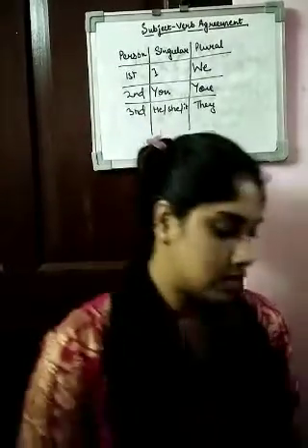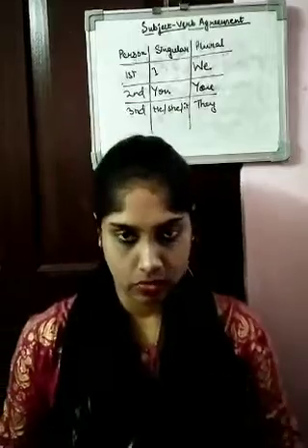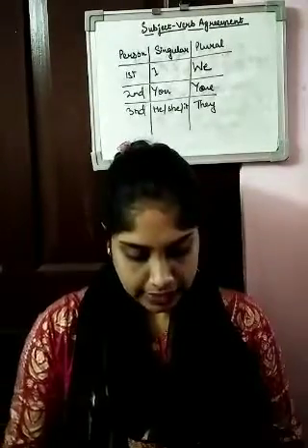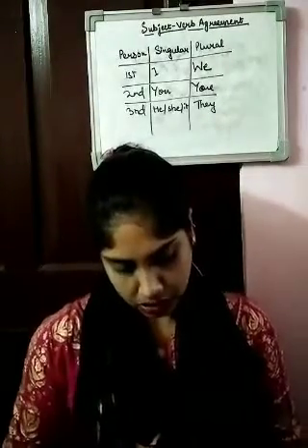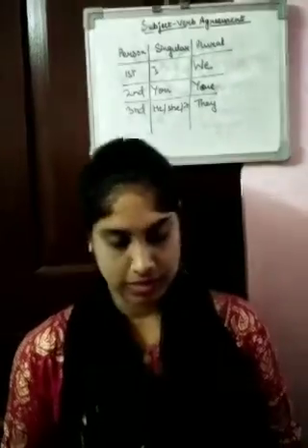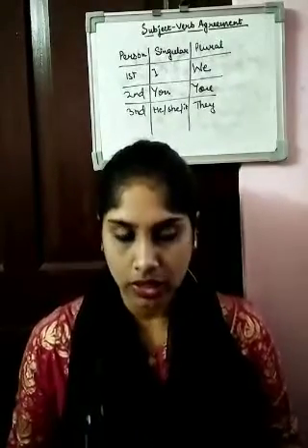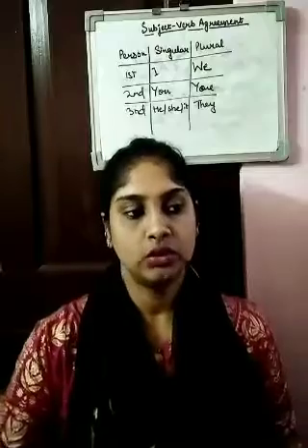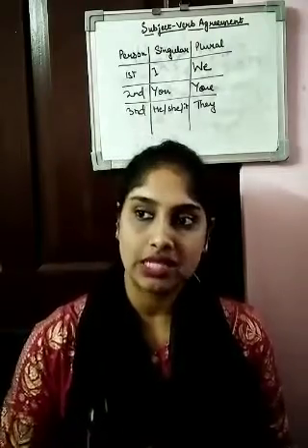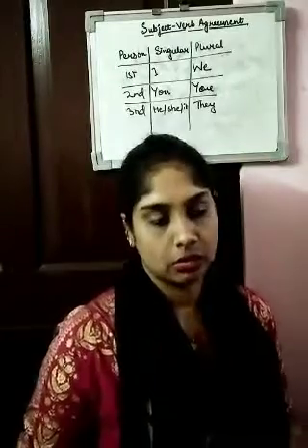Now let's take one sentence from here. For example, let's see question number 6. That is the smallest one, and while you are going to learn something, you should start learning from something which is very easy.